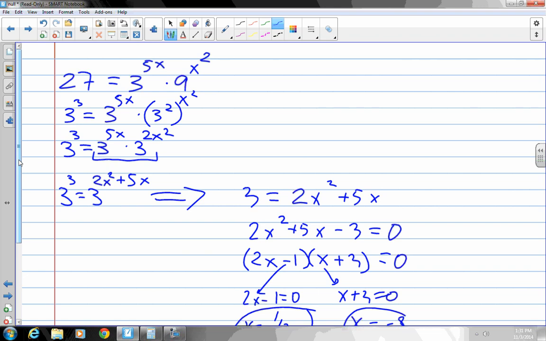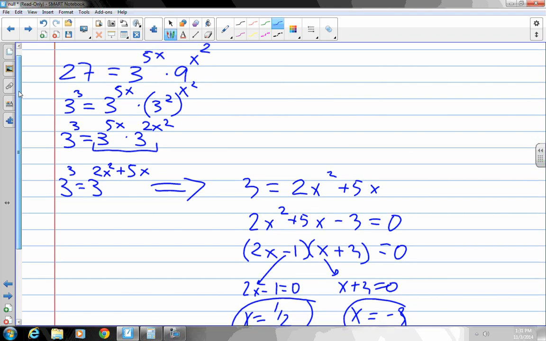That one really checked your rules of exponents. You have to really mess with this to get to the pretty state. Questions? Okay.